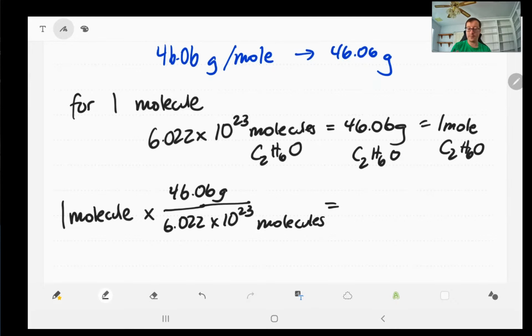And so we're going to get our number here. So something tiny, 46.06 divided by 6.022 E23. And we get 7.649 times 10 to the negative 23rd power grams. So something really tiny, right?